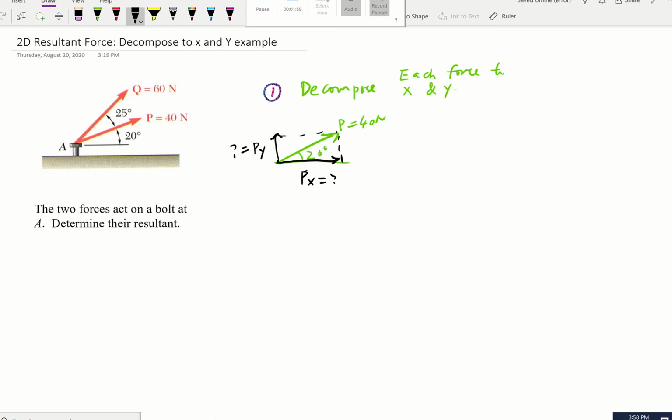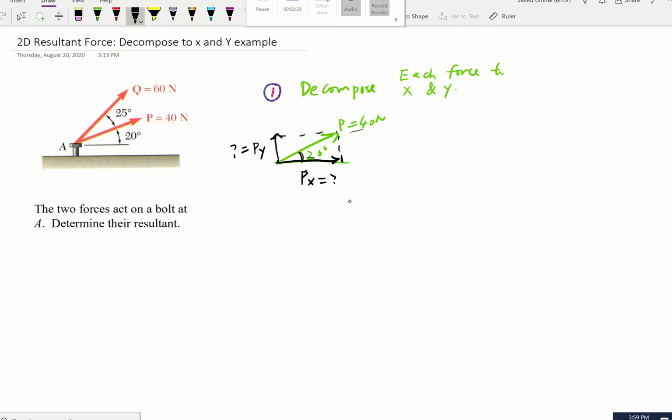In the previous video, we talked about how to find Px. The rule of thumb: if this angle is 20 degrees here, if it is adjacent, we're going to use P, this hypotenuse here, times what? If it's adjacent, cosine, right? If this angle is opposite, then we're going to use sine. That's the rule of thumb. So for this Px, look at this angle, 20 degrees.